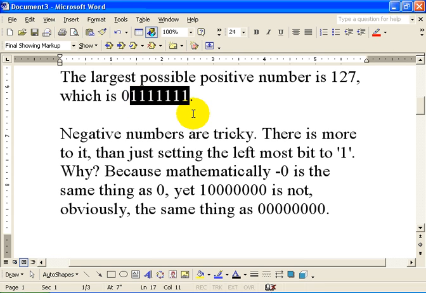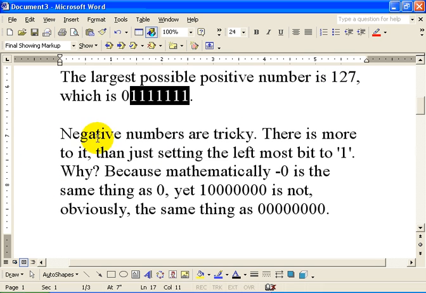Remember that in binary arithmetic, each column represents a factor of 2 more than the column to the right. In decimal arithmetic, of course, it goes 1, 10, 100, 1,000, 10,000. But here it goes 1, 2, 4, 8, 16, 32, and 64. Okay, the largest possible positive number, therefore, in an 8-bit quantity is 127.